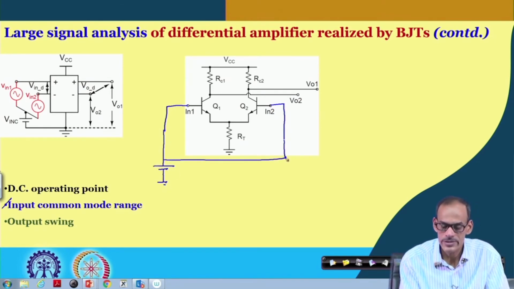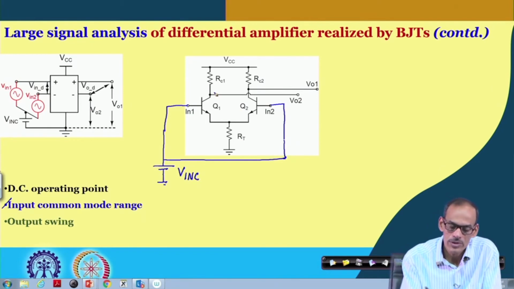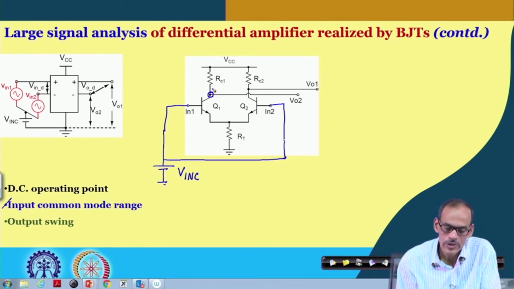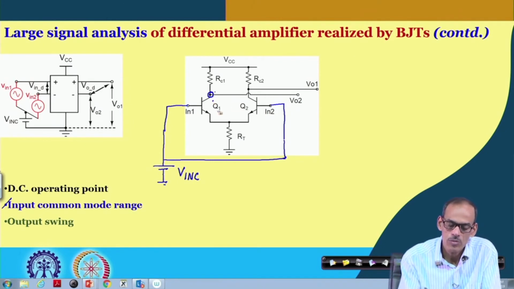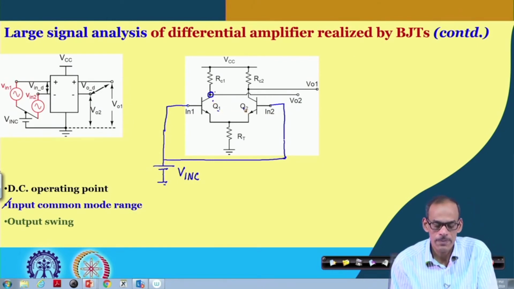Now, the next thing is that once we have this V_inC, what may be the range of this voltage over which both the transistors remain in the active region of operation.